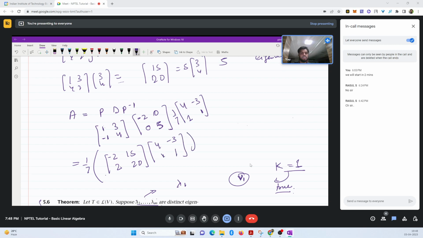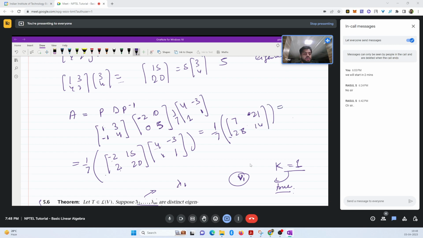This is 1 by 7 times minus 8 plus 15, which is 7, then 6 plus 15 is 21, 8 plus 20 is 28, and minus 6 plus 20 is 14.